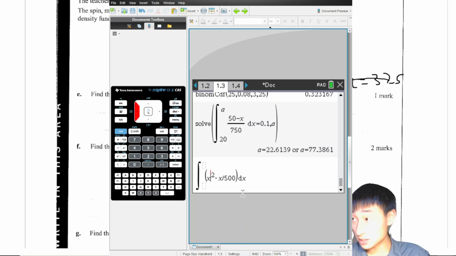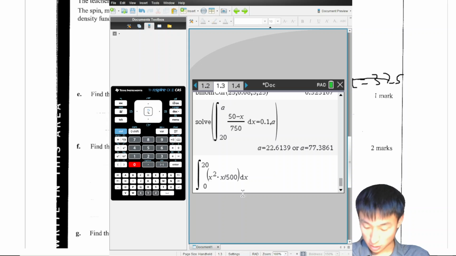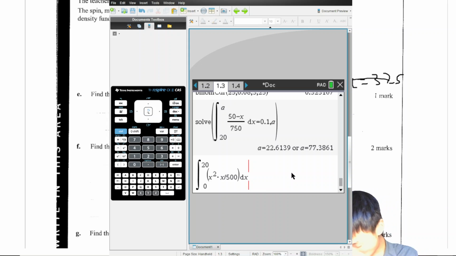X, so that's E of x squared of the first part. 0, 20. That's the thing here. I don't even understand what's going on.